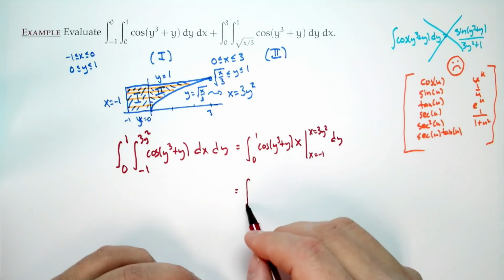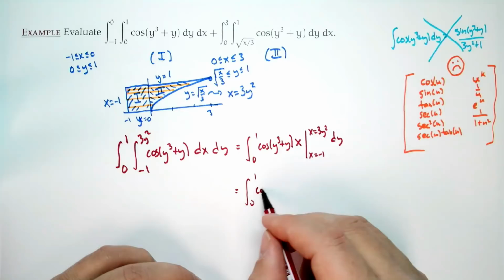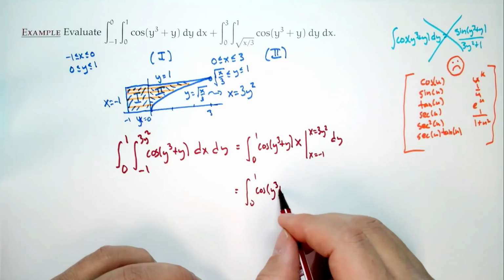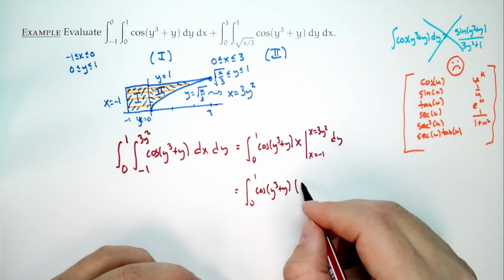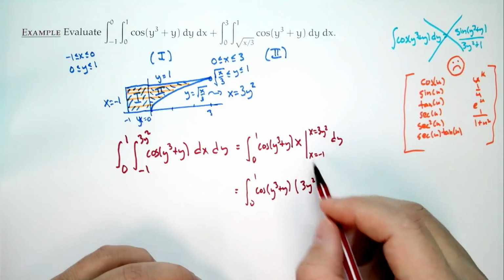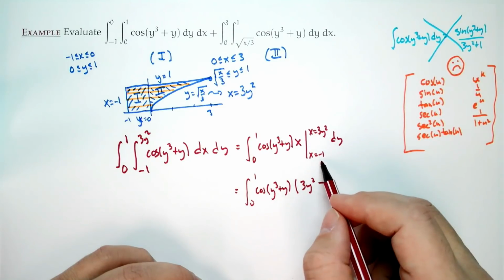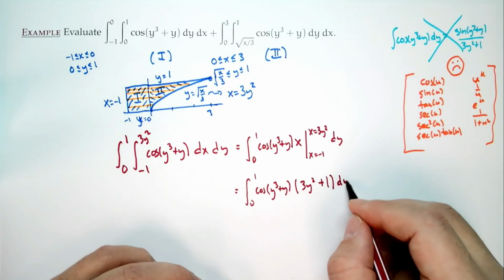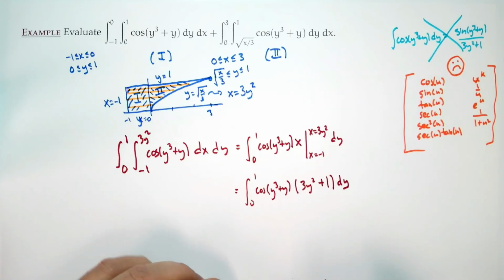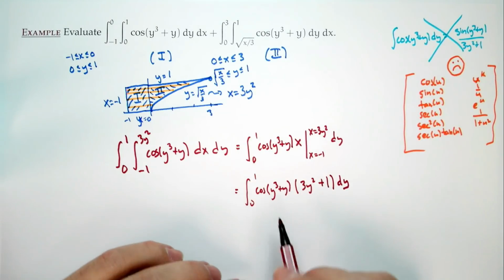So that becomes integral 0 to 1 of cosine of y cubed plus y, times, plug in 3y squared, subtract, plug in negative 1. Well, minus 1 makes plus 1, dy. Now I say, wait a second.